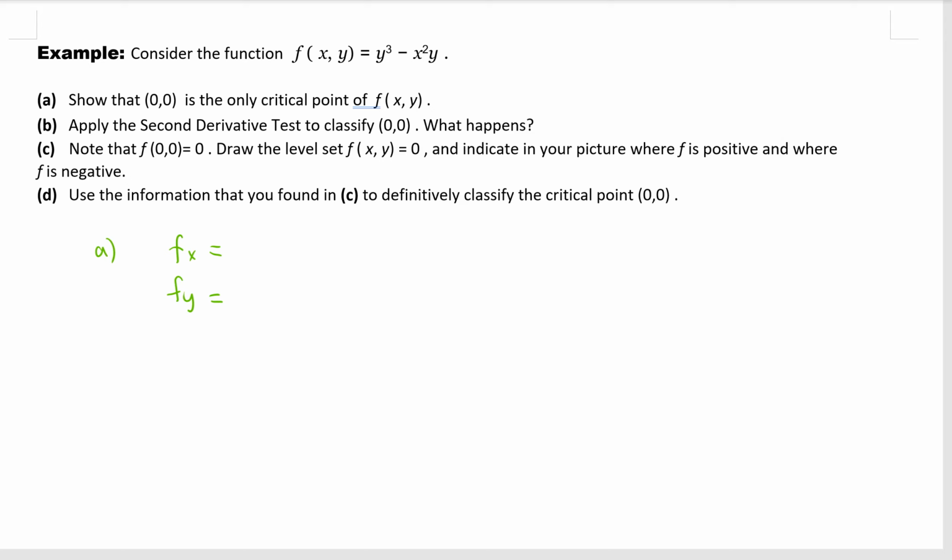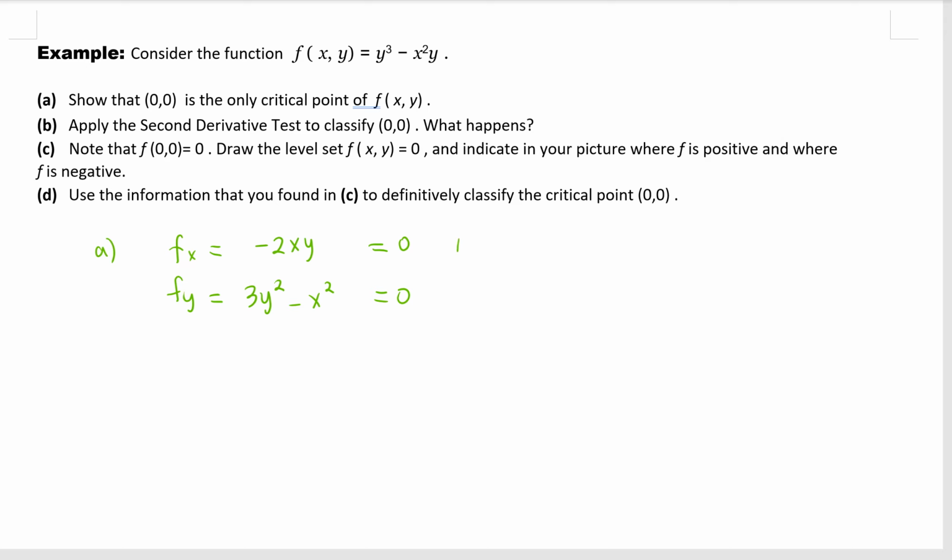The first term has no x, so it's gone. The derivative of x squared is 2x, so we get minus 2xy. Derivative of f with respect to y: the first term gives us 3y squared. The second term gives negative x squared. We set both equal to 0.